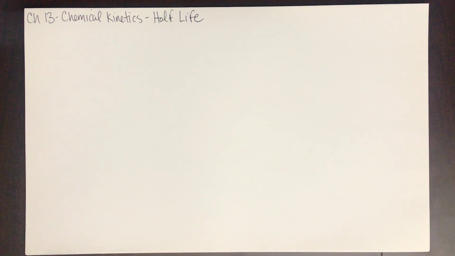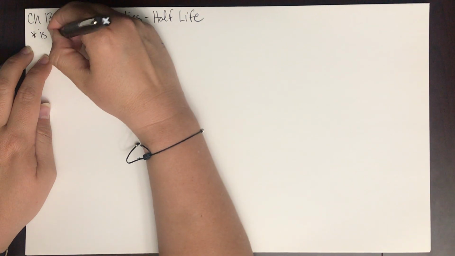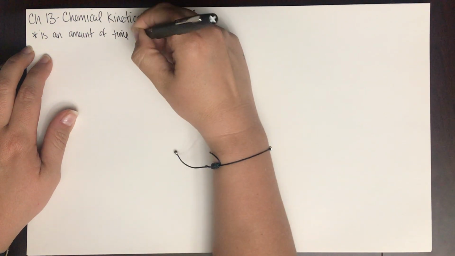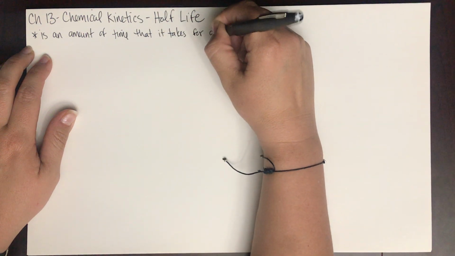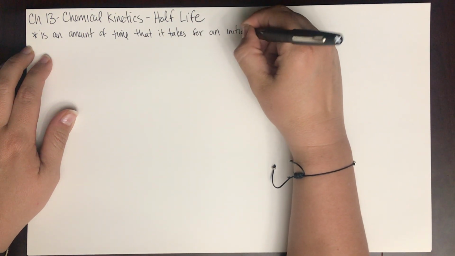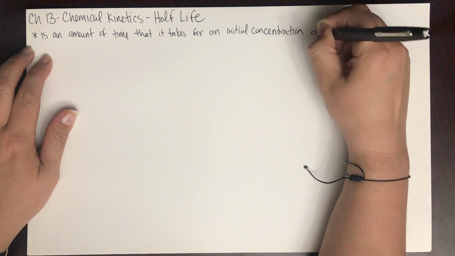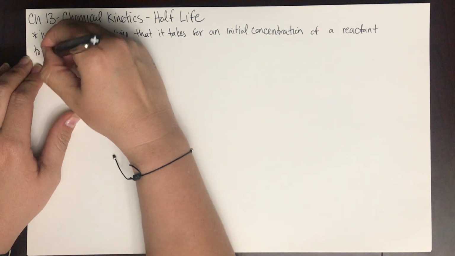A half-life is very useful in all different types of science, but really what a half-life is, is an amount of time that it takes for an initial concentration of a reactant to decrease by half.